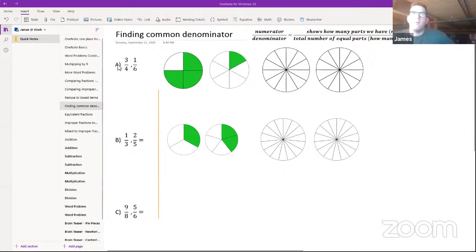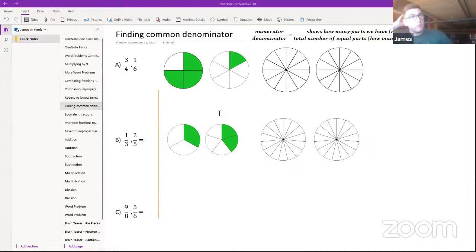So this first problem A, 3/4 and 1/6, the 3 and the 1 are the numerators, and the 4 and 6 are denominators. And if we want to add or subtract fractions later on, we're going to have to get the denominator to be the same. So that's what these three problems are going to go over, how to get the denominator to be the same with these two fractions.